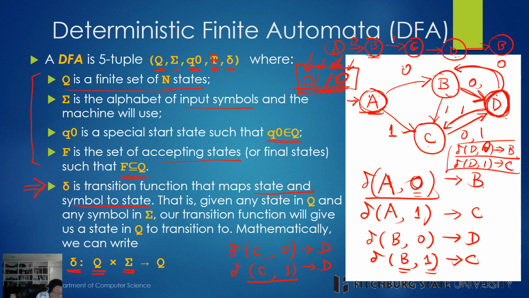So Q times sigma, the Cartesian product, means the delta is going to accept two input values: one is the state, the other one is the symbol. And then you decide what's the next state to go to. That's the delta. This is a kind of math notation.